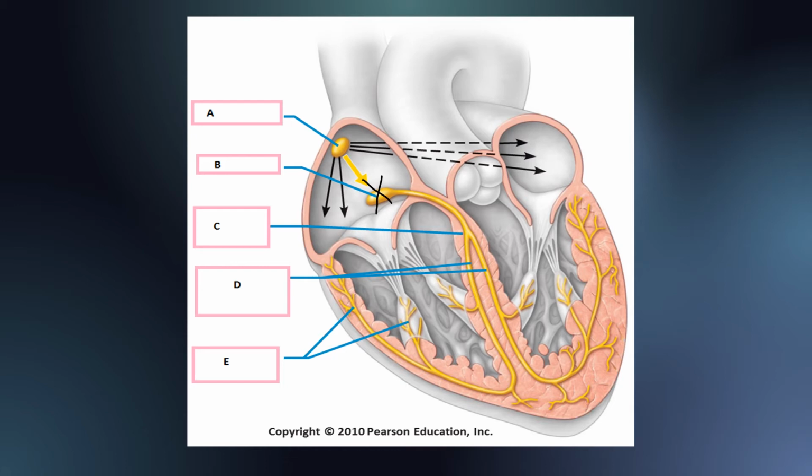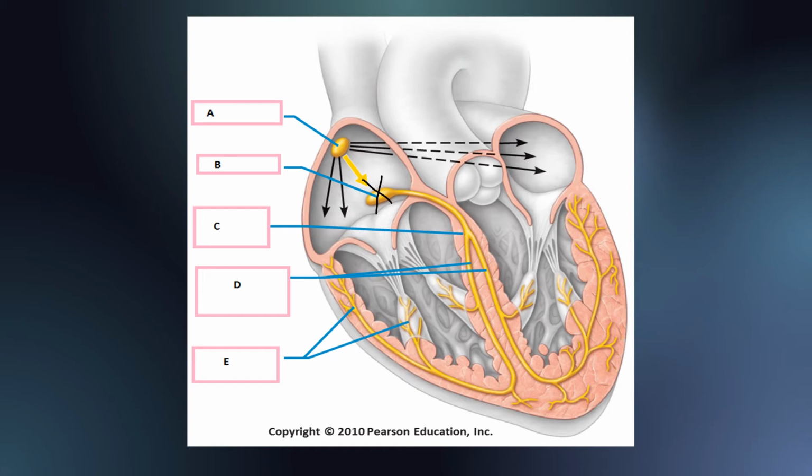Since this is blocked, you can't get a signal all the way down to the rest of your heart. So what's going to happen then is the bundle of His and the Purkinje fibers are going to have to pick up and do the job of what the AV node would do.